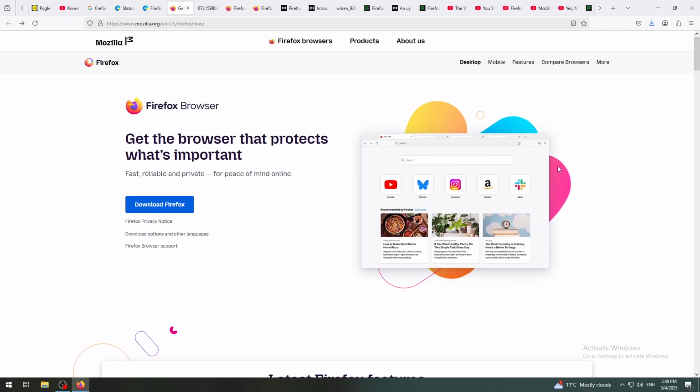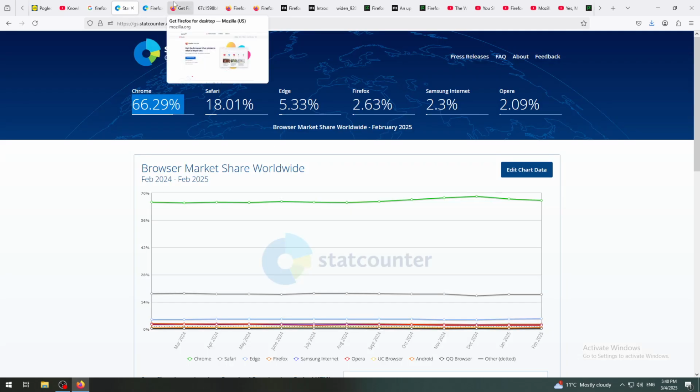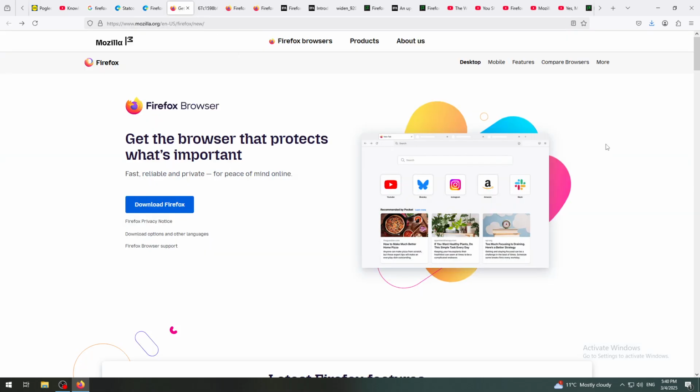But the whole idea here is that when you see those stats and see 2 percentages, you maybe think they're a new player or whatever. No, they are old and they have a history, and it's not like they popped up right now.